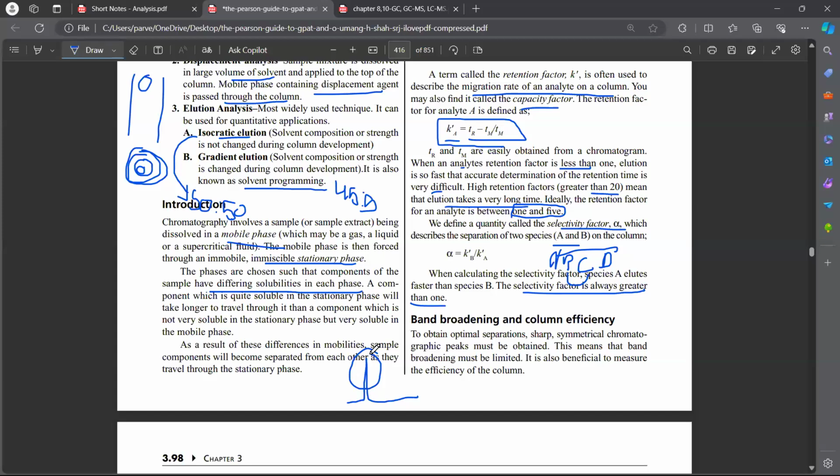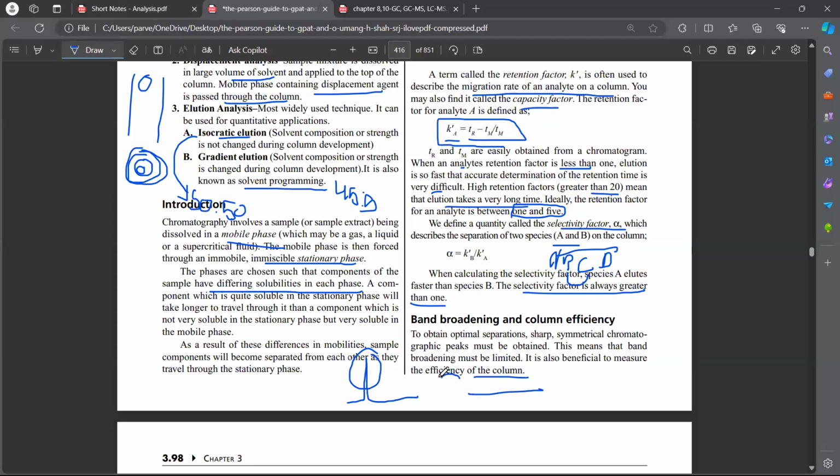Column maintenance is also very important, guys, because HPLC columns and gas chromatography columns are very costly. Each column can cost up to 5 to 10 lakhs, so there must be proper maintenance. The column should not be damaged by harsh solvents or impurities from the mobile phase or the sample.